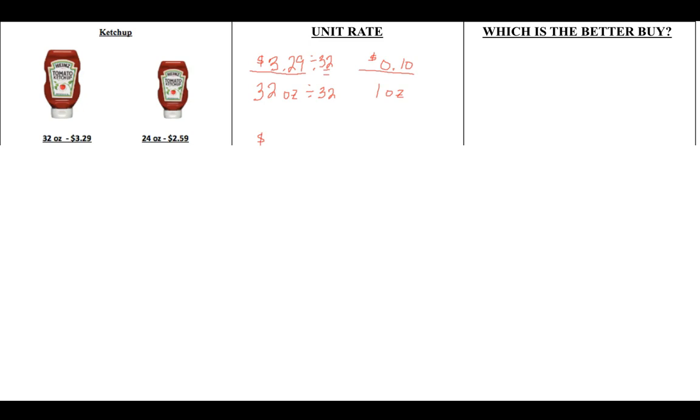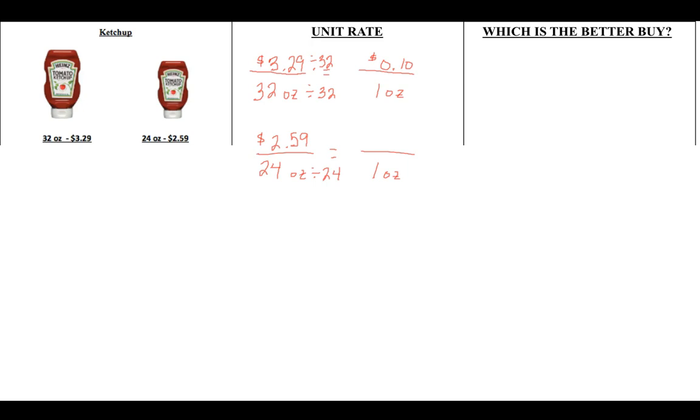So I'm going to put my cost in the top, $2.59, and in the bottom I will put my ounces, 24 ounces. Okay, to find my unit rate, I need to divide my denominator, my ounces, by 24 because I want to know the cost per ounce.